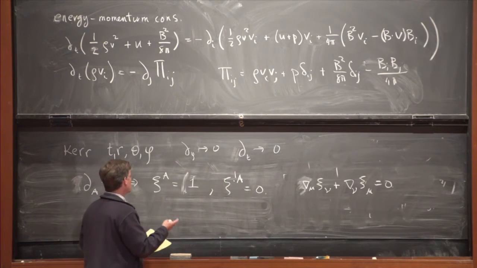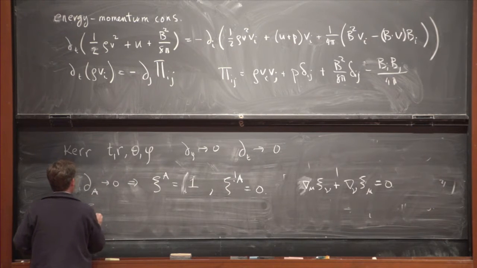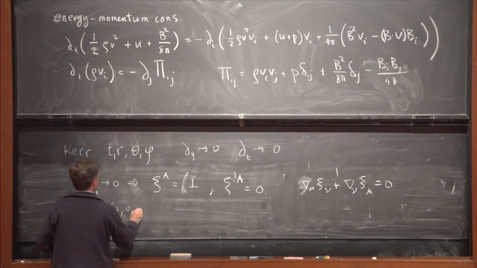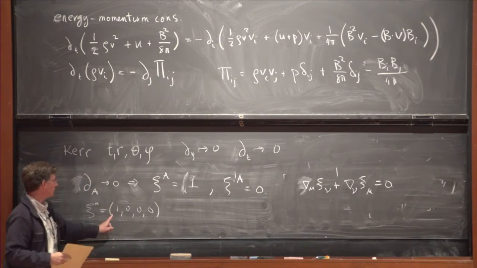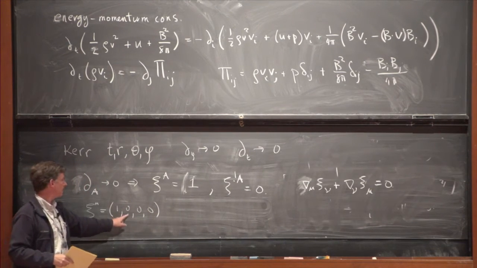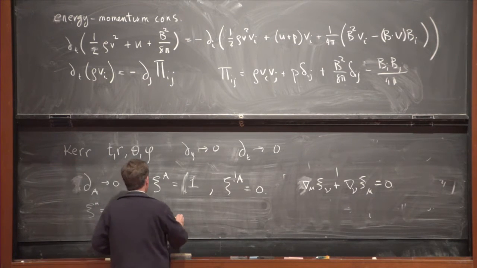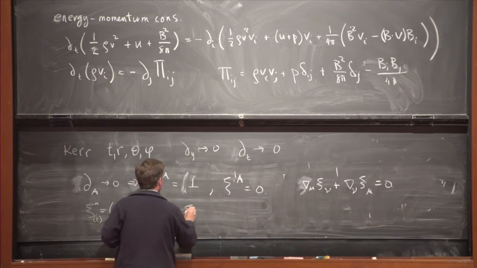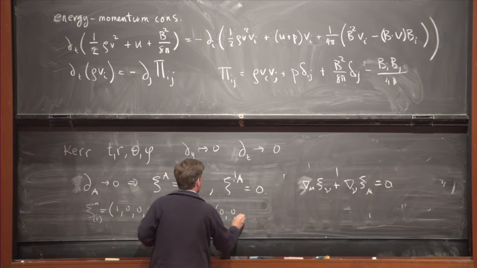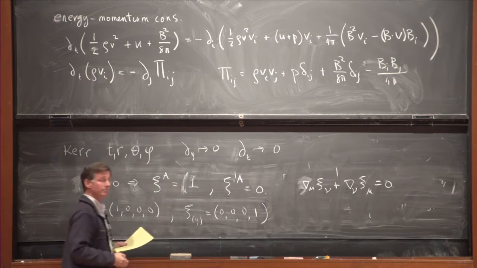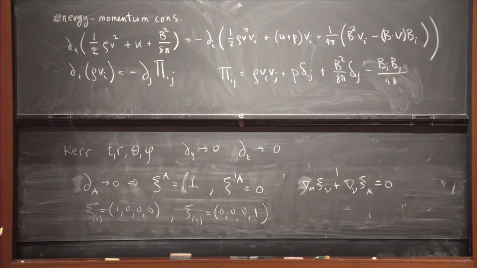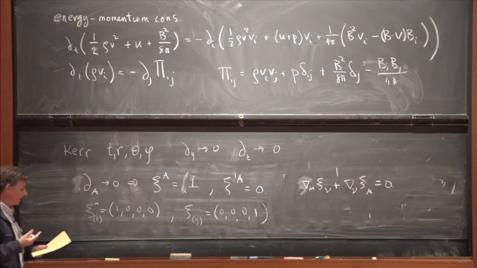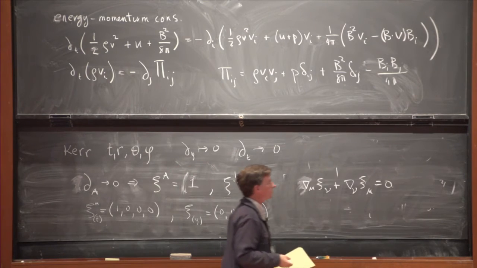Okay, so in the Kerr metric, this is a Killing vector where this index is t, r, theta, phi. And that's the time-like Killing vector. And then there's a toroidal Killing vector, which looks like that. Okay. So it turns out that this leads to a conserved current.